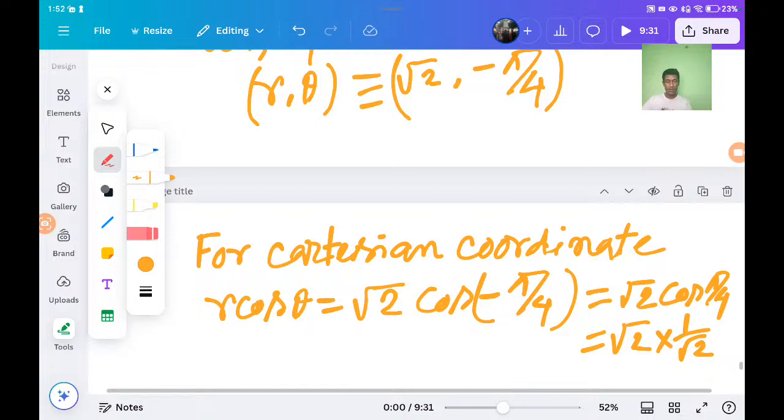Because the cos function is an even function, so cos minus theta equals cos theta. So finally we are getting 1.